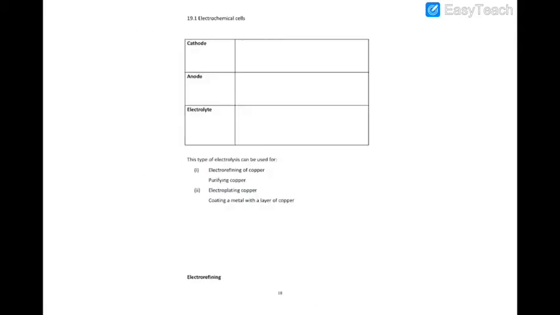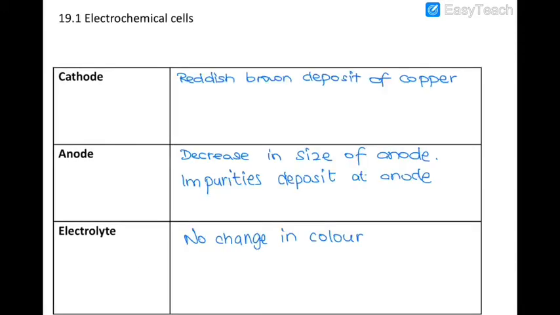So the observations will be a reddish brown deposit of copper at the cathode, and we'll have a decrease in the size of the anode because Cu is being used up at the anode. We'll also see impurities, because the anode is made up of copper metal, and the metal has impurities.